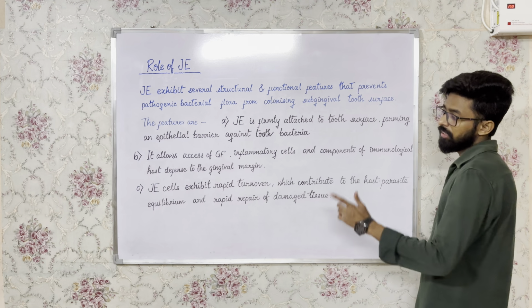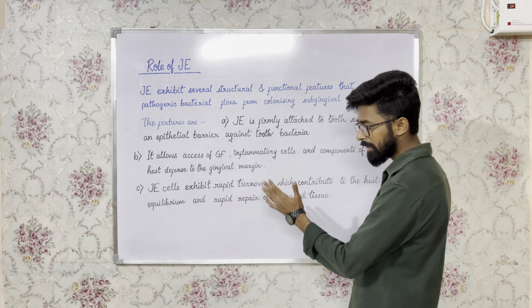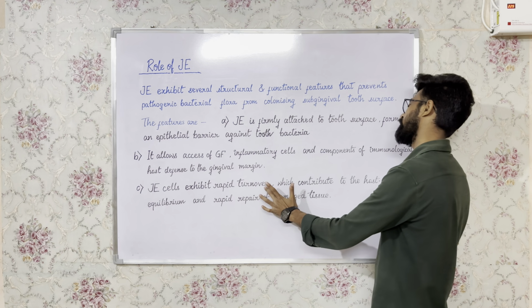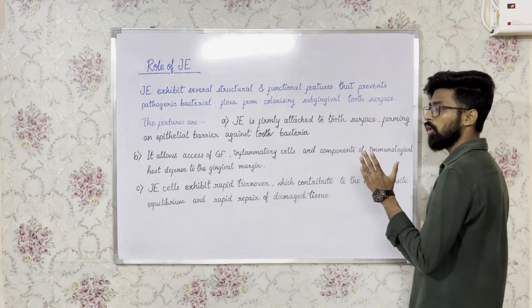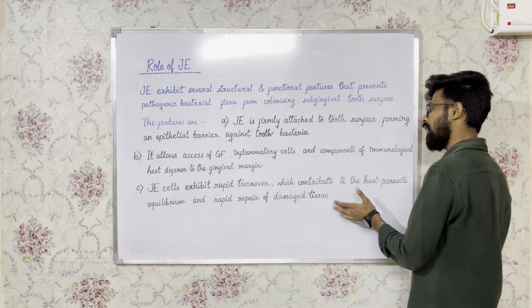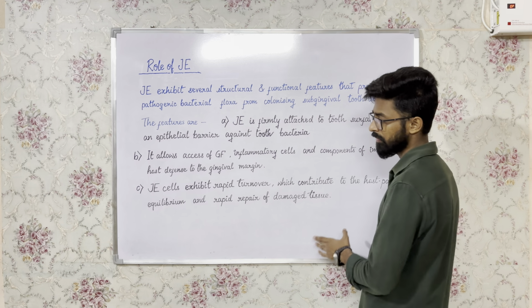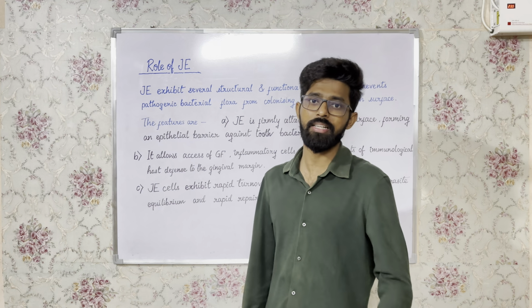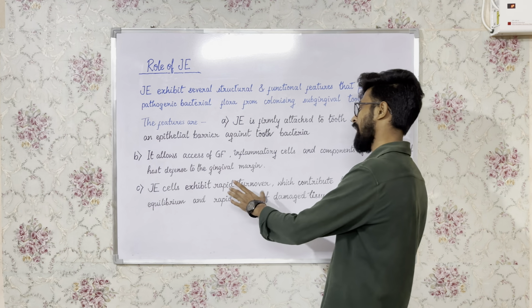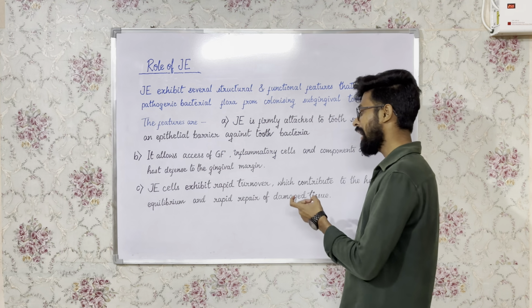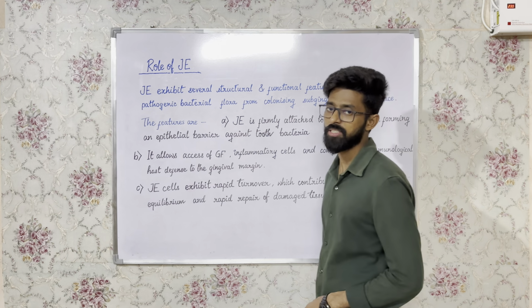Okay, third point is junctional epithelium exhibits rapid turnover which contributes to the host parasite equilibrium and rapid repair of damaged tissue, right? So rapid turnover means the damaged cells are removed and new cells are formed quickly, right? This is the rapid turnover which contributes to the host parasite equilibrium and rapid repair of the damaged tissue.